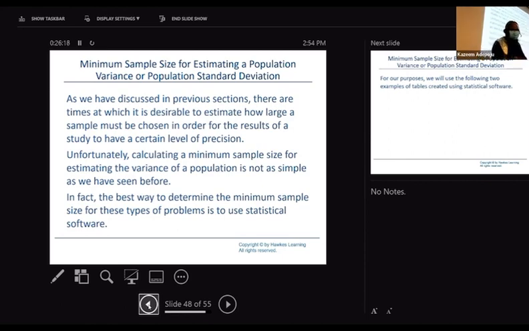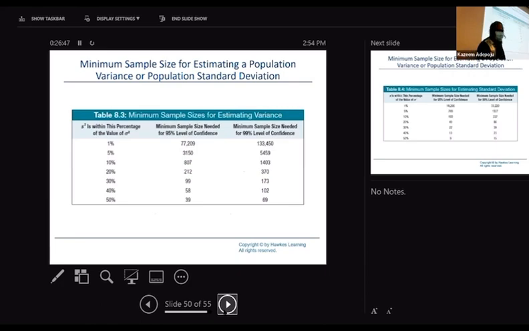If you look at the example we did the other time, when the bakery was looking at the weight of the cookies, how do they decide on the number of cookies to be chosen from the population if they want to estimate either the population variance or the population standard deviation? Because we don't just choose the sample size. But the good news is that we have a table for that.